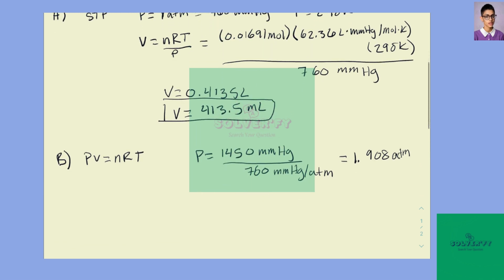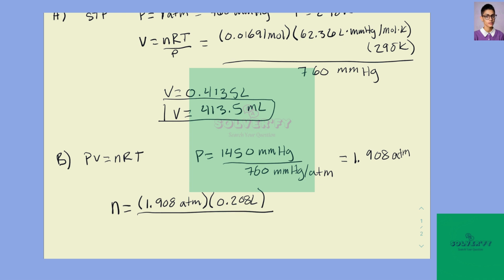Alright, so again, we're looking for the number of moles. So our equation is going to look like n is going to be our new pressure, 1.908 atmospheres. We're going to still use the same volume, so 0.208 liters.